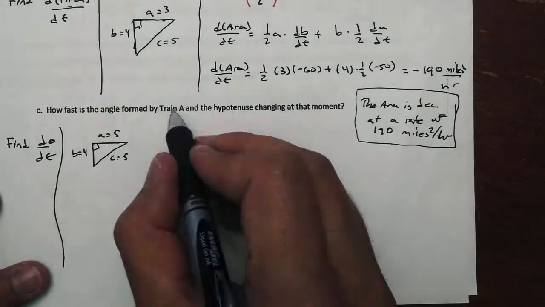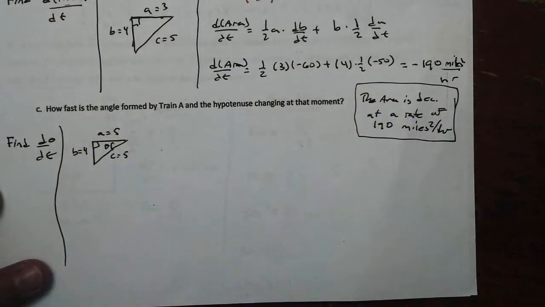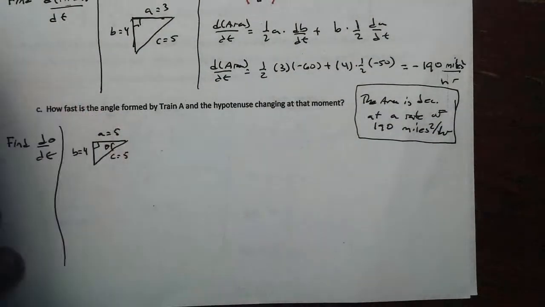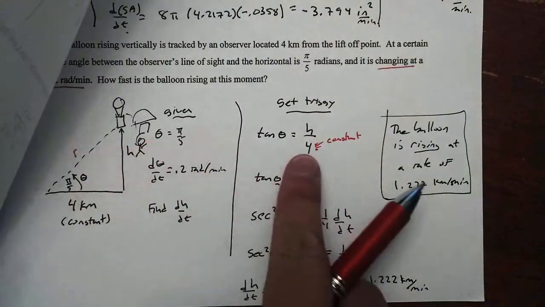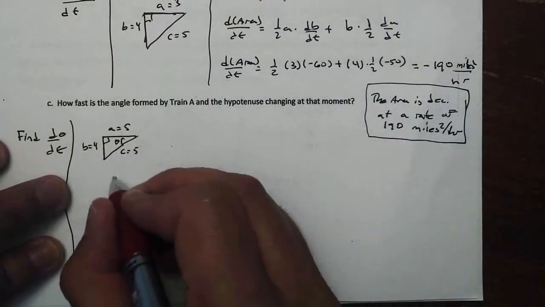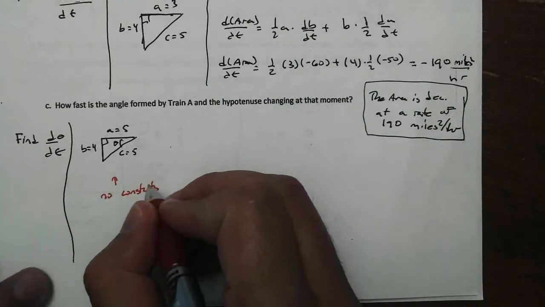We're looking between train A and the hypotenuse, so we're looking for this angle right there. Now, the only difference between this one and the balloon problem is there are no constants. See, here we had a constant 4, but here there are no constants. This is kind of a tricky one for us.